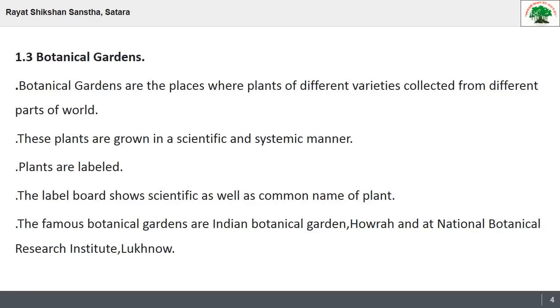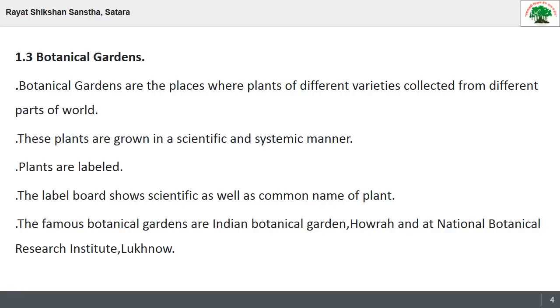Visitor services at a botanical garden might include tours, educational displays, book rooms, and herbarium collection. Already you know what a herbarium is; in the previous lecture we discussed it. Botanical gardens also have some other entertainment.